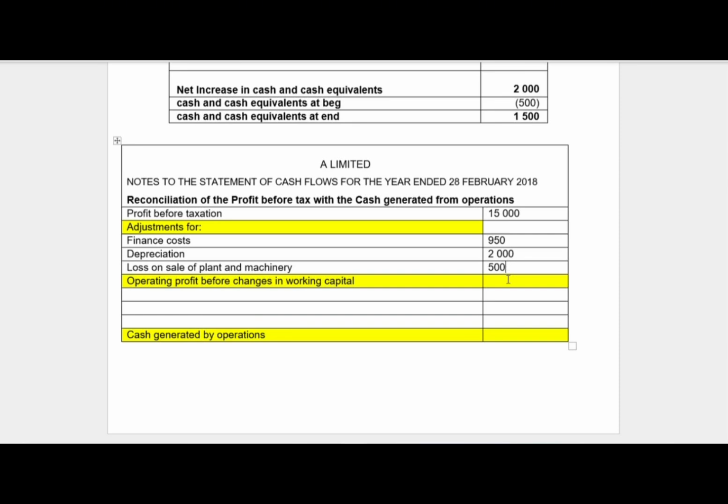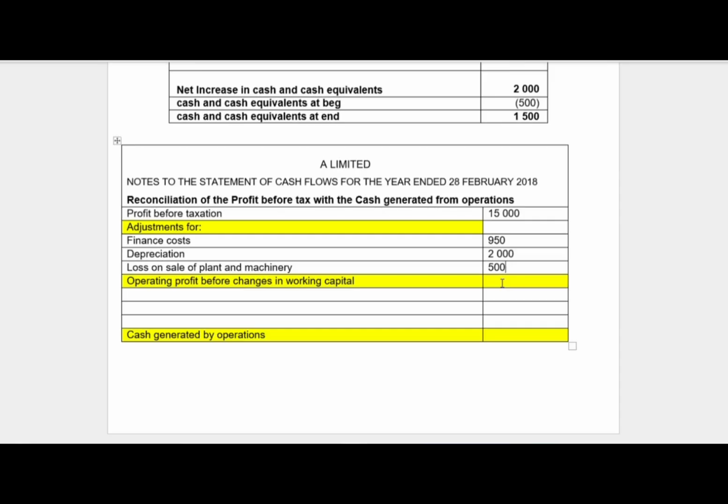We are going to get our operating profit before changes in working capital. So we're just going to add everything. Let's do that calculation quickly. So it's going to be 15,000 plus 950 plus 500.